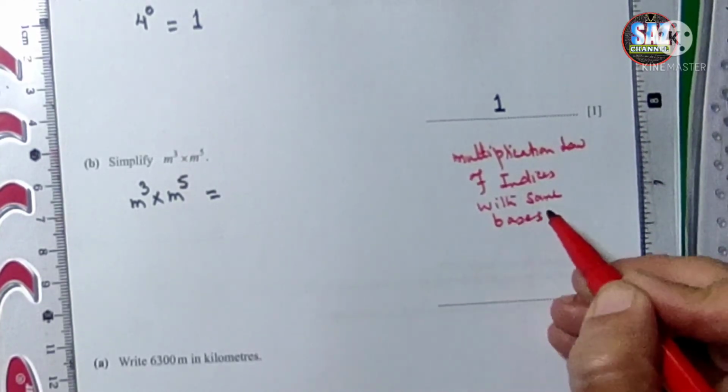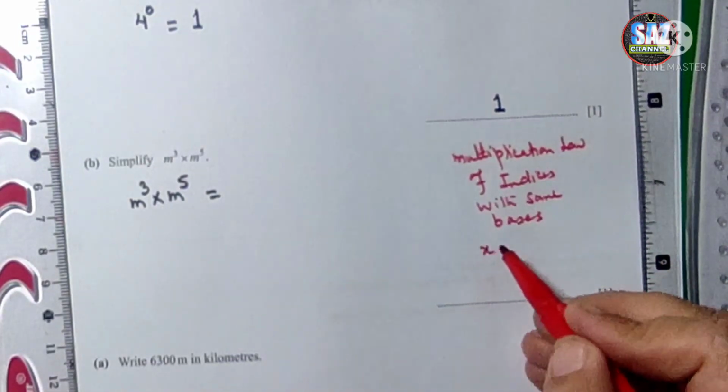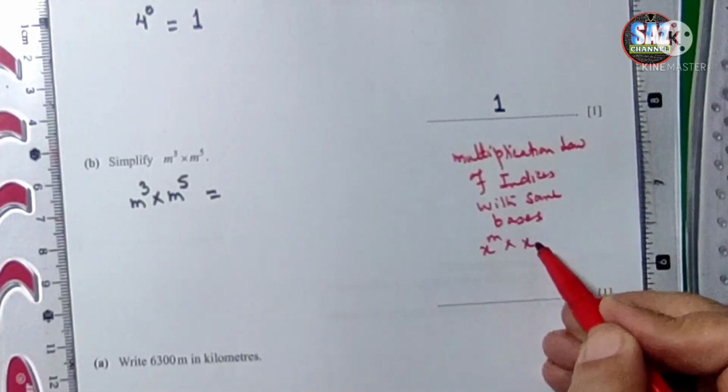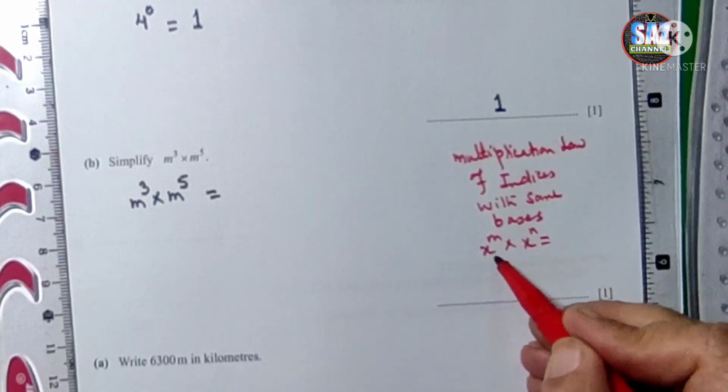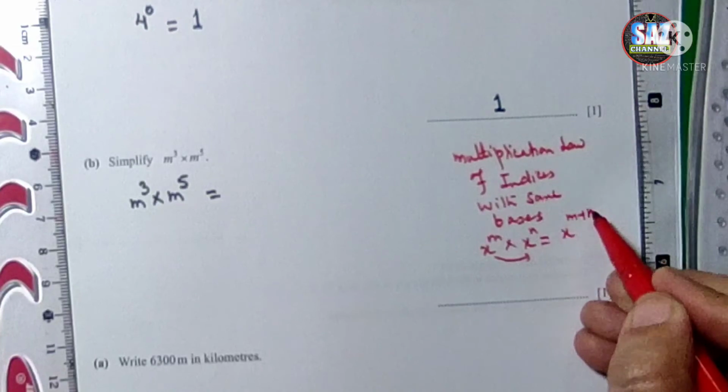Students, you can see that I'm recalling and revising the rules as well. That x raised to power m multiplied by x raised to power n: we write the base once and add up the indices, m plus n.